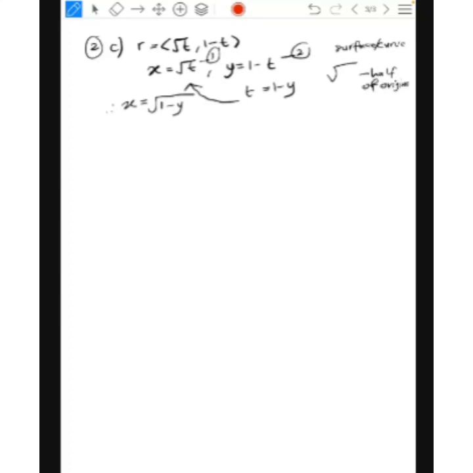Which half? So you have to square. If I square both sides, so we are actually just repeating what we have learned before. x squared equals 1 minus y. Okay, so I will have y equals 1 minus x squared.